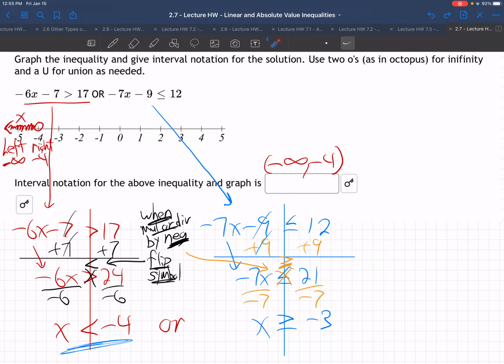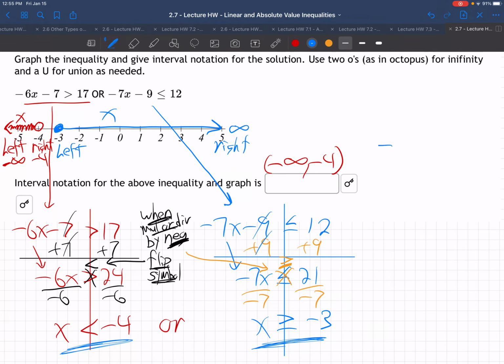Now the other side is x greater than or equal to negative 3. That would be right here at negative 3, a solid dot, because that's equal, and it goes to the right forever, since x is greater than. In interval notation, the left edge is clearly negative 3, and the right edge is infinity.